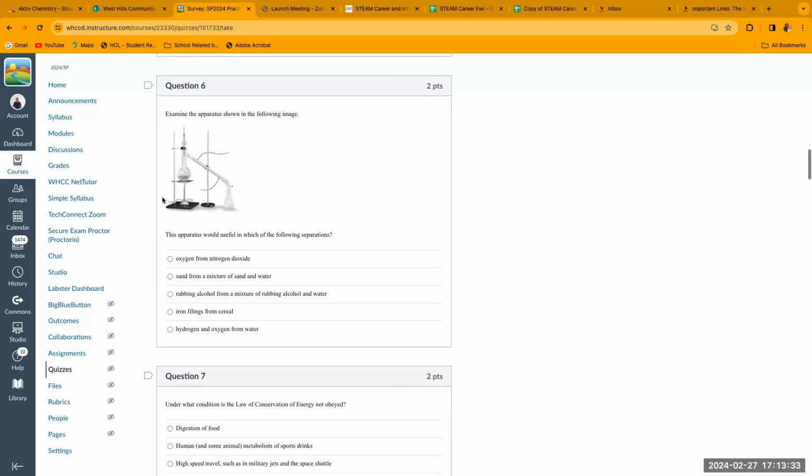Okay. Number 6, examine the apparatus shown in the following image. This apparatus would be useful in which of the following separations? A, oxygen from nitrogen dioxide. B, sand from a mixture of sand and water.